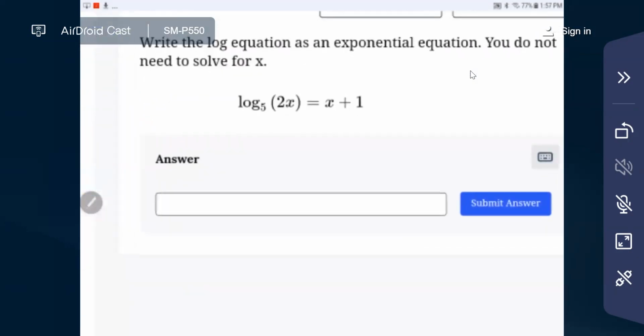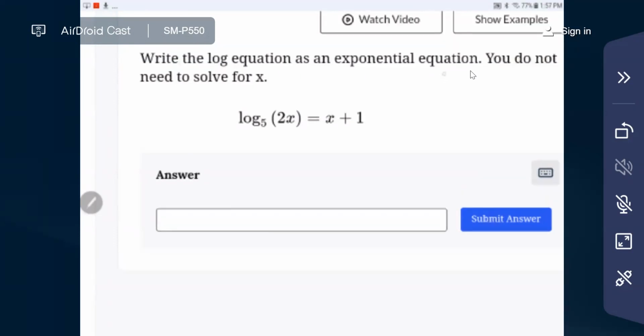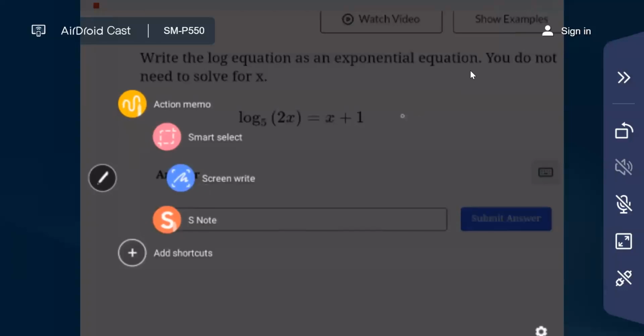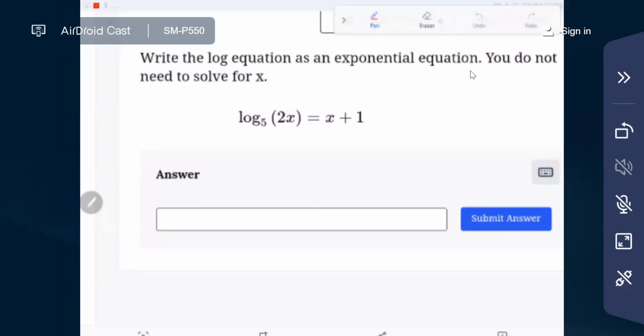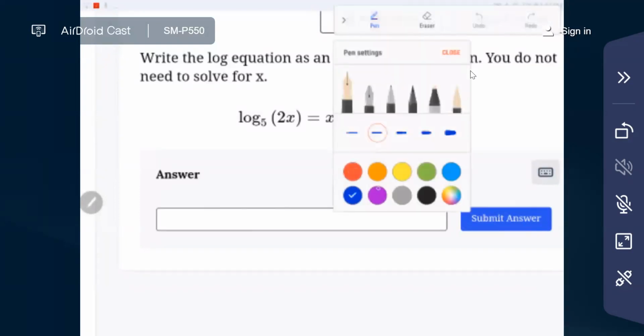All right, so on all of these, logs and exponentials, we are converting between them. I think I'll switch to someplace I can switch to blue instead of red. There we go.